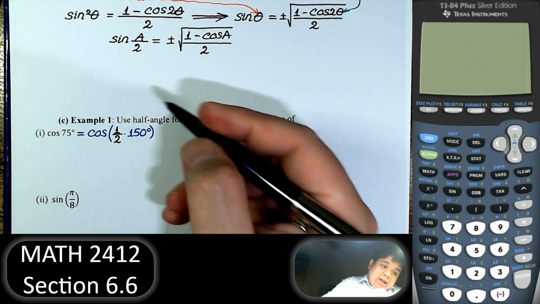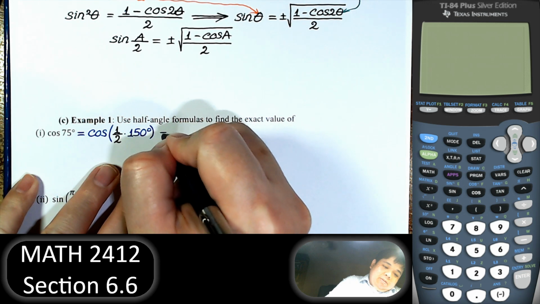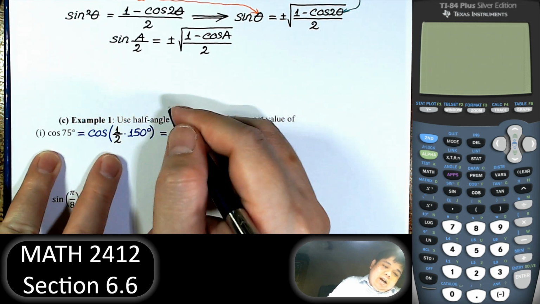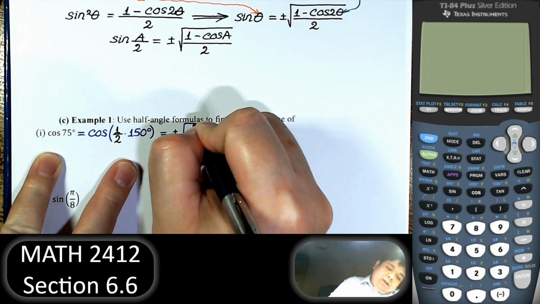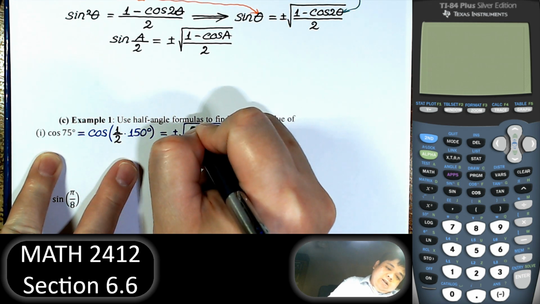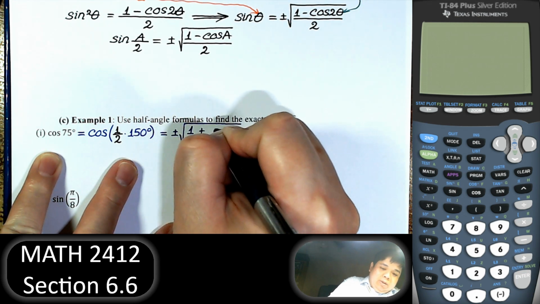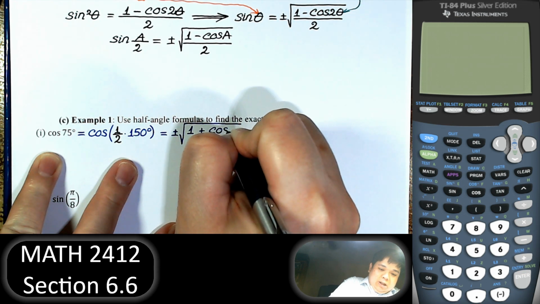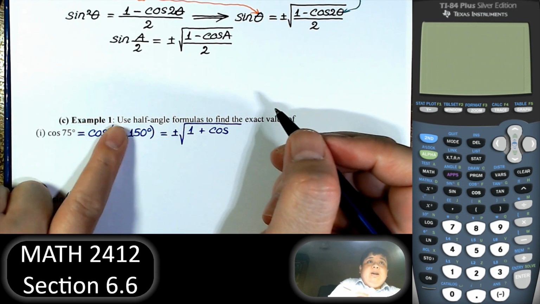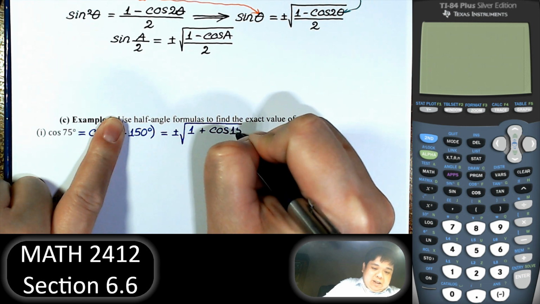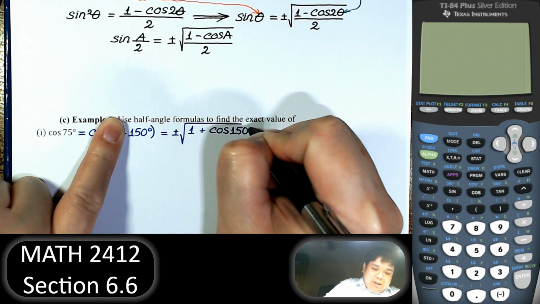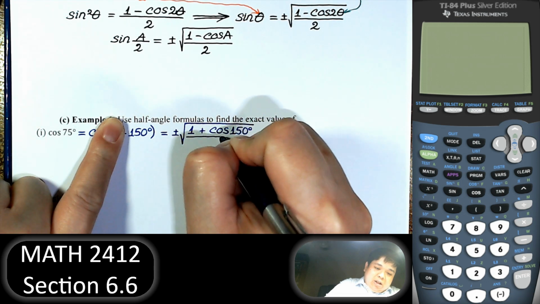Right? And cosine of a half angle is plus or minus square root of 1 plus cosine of the whole angle, divided by 2.